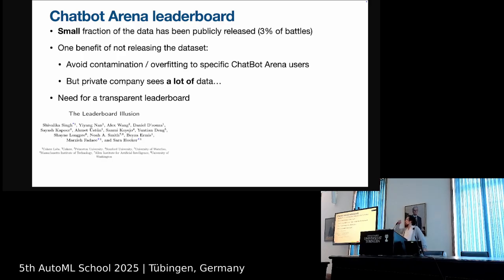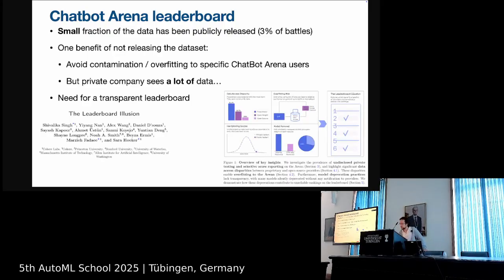Just on the previous one, let me make that clear. I don't have the plot, but for instance, OpenAI maybe has seen 30% of the whole set of battles, and open source developers of models have seen maybe 1% in addition to the 3% publicly released.